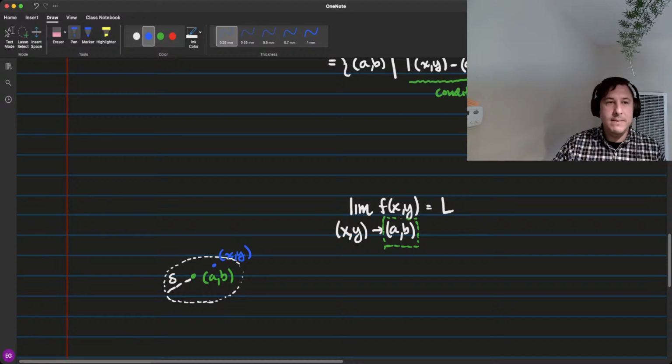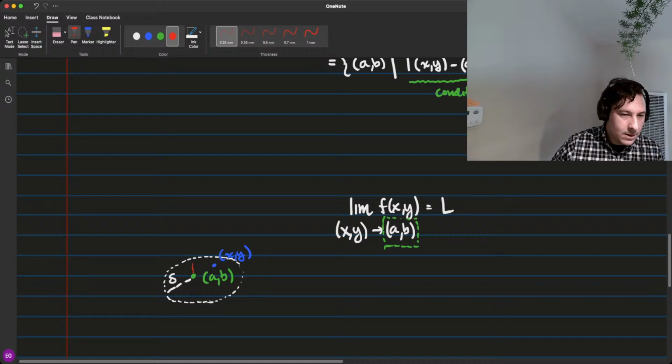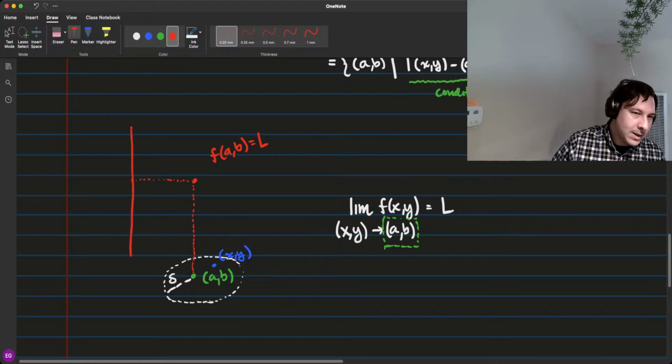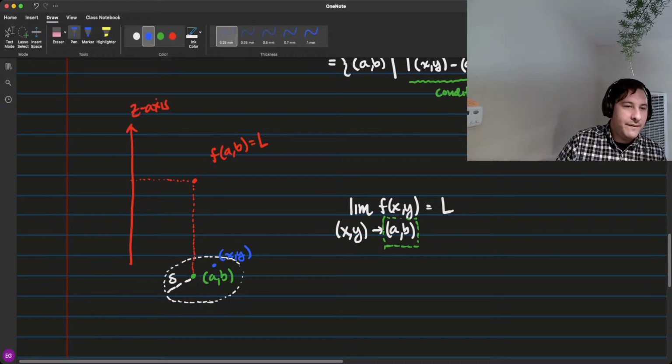Now, if the limit is equal to L, this is telling you that if you were to evaluate f of AB, that's equal to L. So over on the z-axis, so here is my z-axis, f of AB is equal to L.